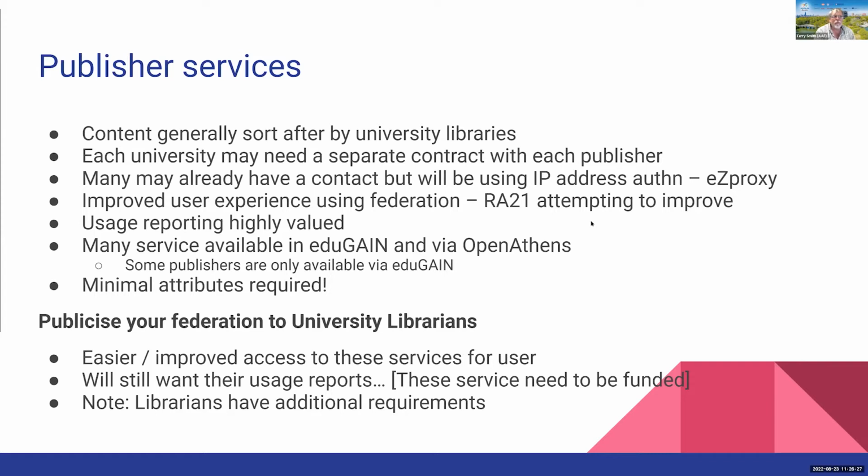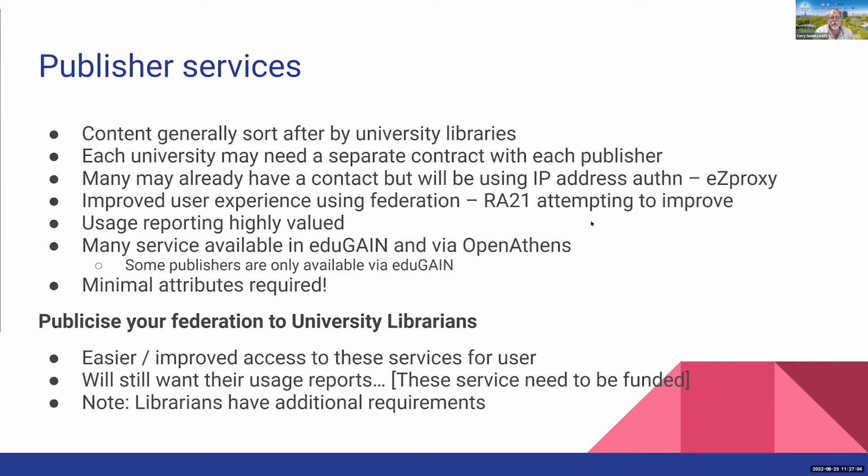Most service providers that are publishers operate on a minimal attributes requirement, generally a yes/no. Some will want some additional information like an email address or a name to personalise the experience, or to be able to record that the user has previously visited and what information they've previously accessed or used. So there's an opportunity to publicise your federation to university librarians for easy, improved access to these services for users.